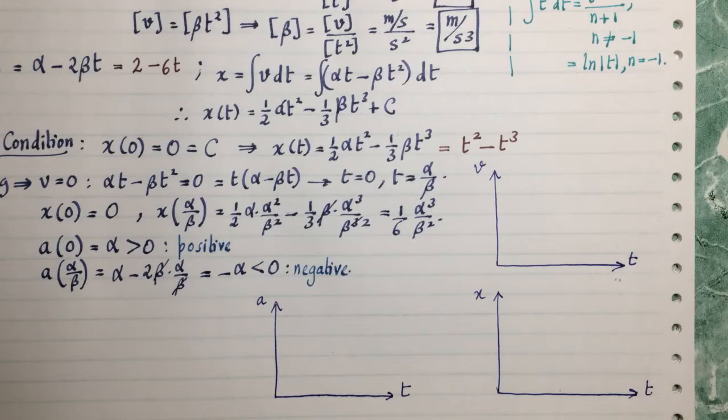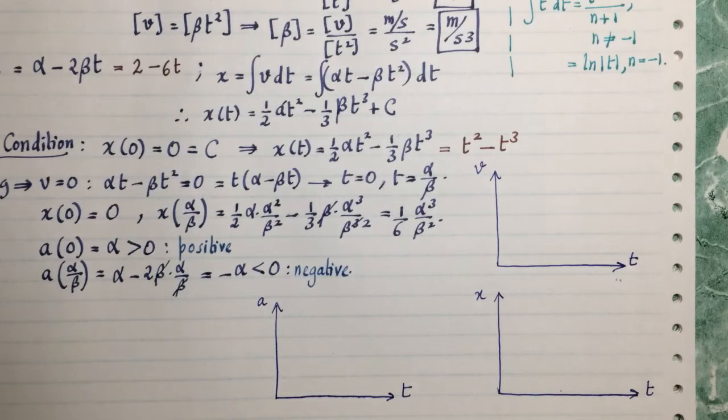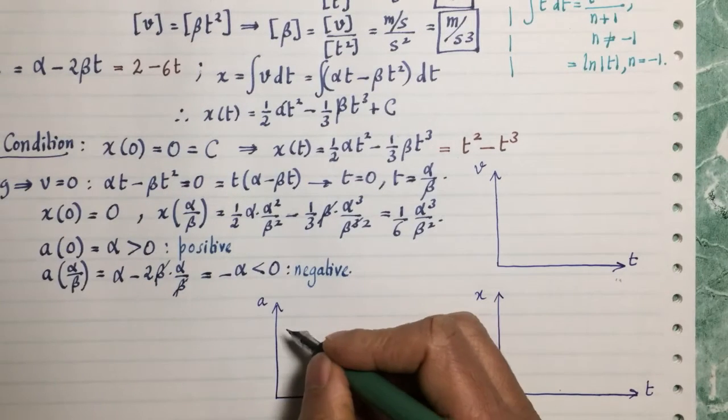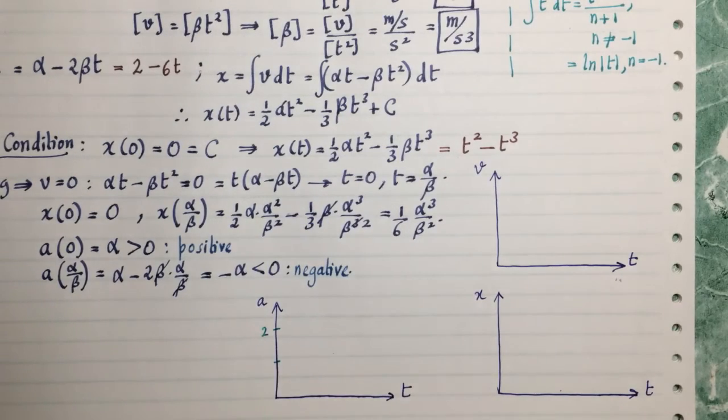Now the straight line I wish to draw is 2 minus 6t. So let me get the acceleration out of the picture by drawing its picture. So 2 minus 6t at t equal to 0, that's going to be 2 units, 2 meters per second squared if you want to put SI units into that.